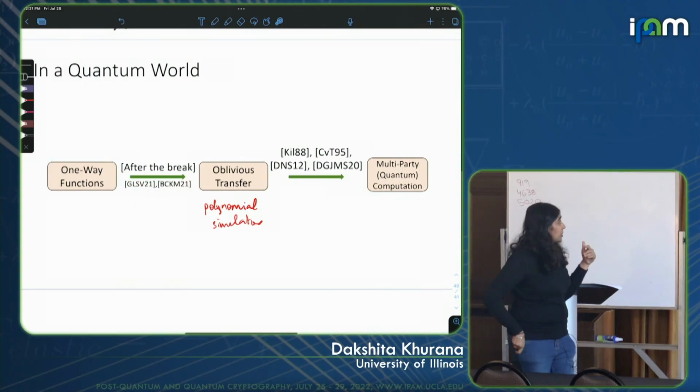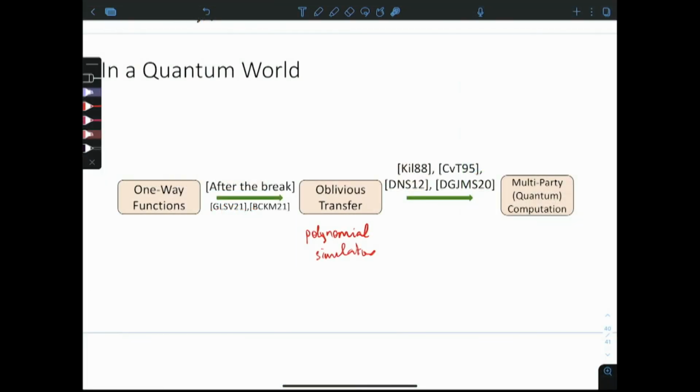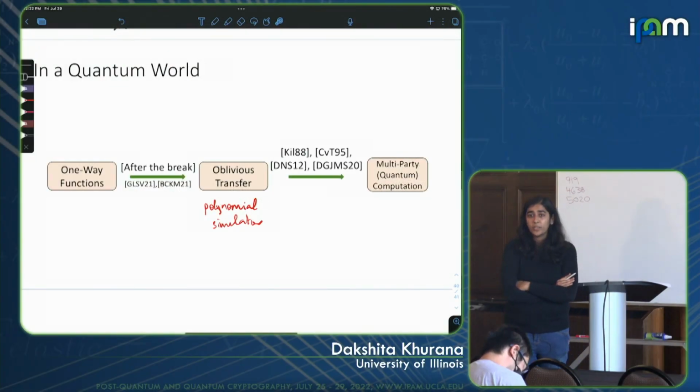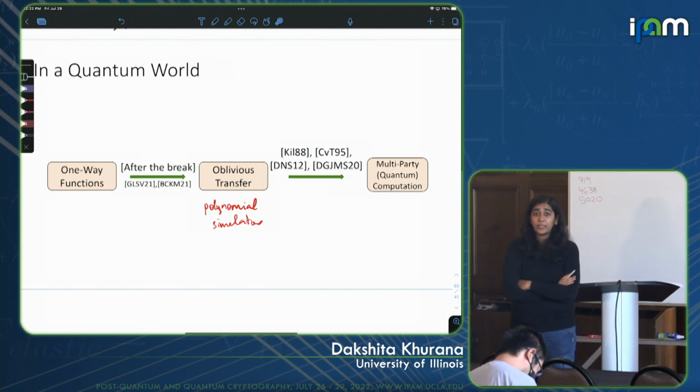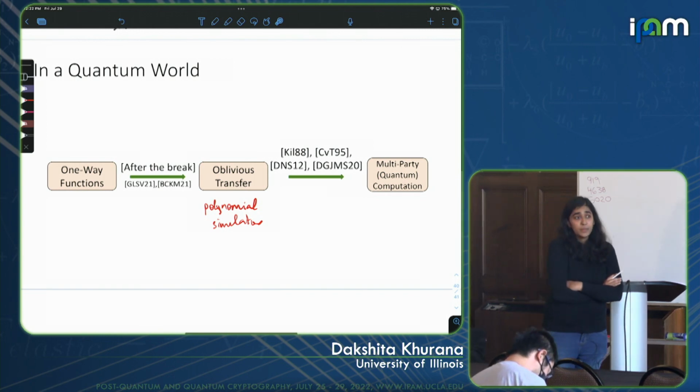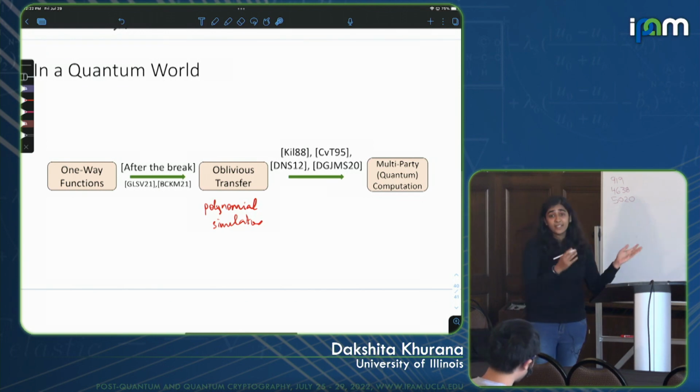But it turns out, due to this work of Dulek and others, who showed that if you have a multi-party protocol that lets you evaluate general classical circuits, then it can be information theoretically compiled into a multi-party computation protocol that lets you evaluate arbitrary quantum circuits also. So the function f that the players want to evaluate could even be quantum, and even then, OT is the main building block that you would need. And OT would be necessary and sufficient.